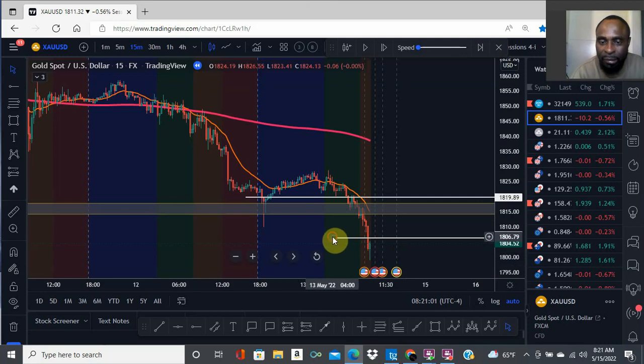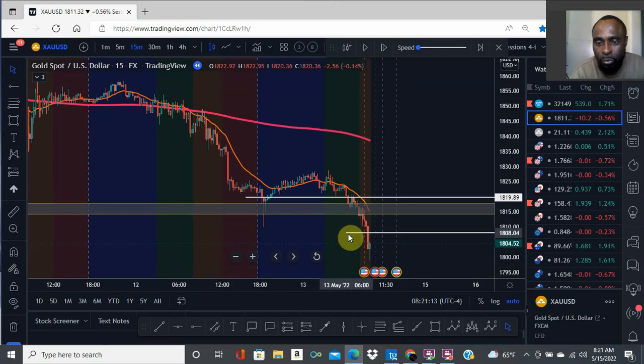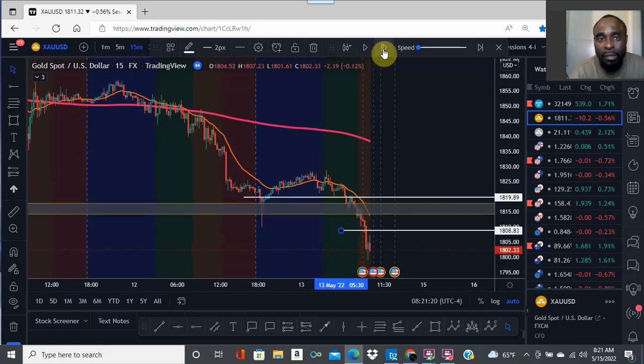It can come back to this area, retest it, and go back down. It can go back to this area. So it could be tricky. It's tricky. But what I'm going to do, I'm going to watch. I'm going to see what the next candle do. And then I'll go from there.